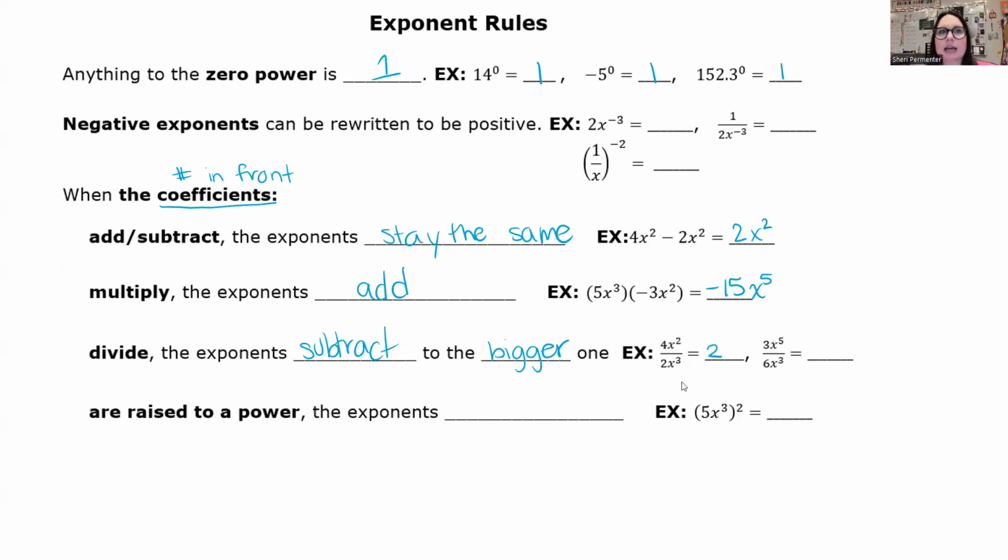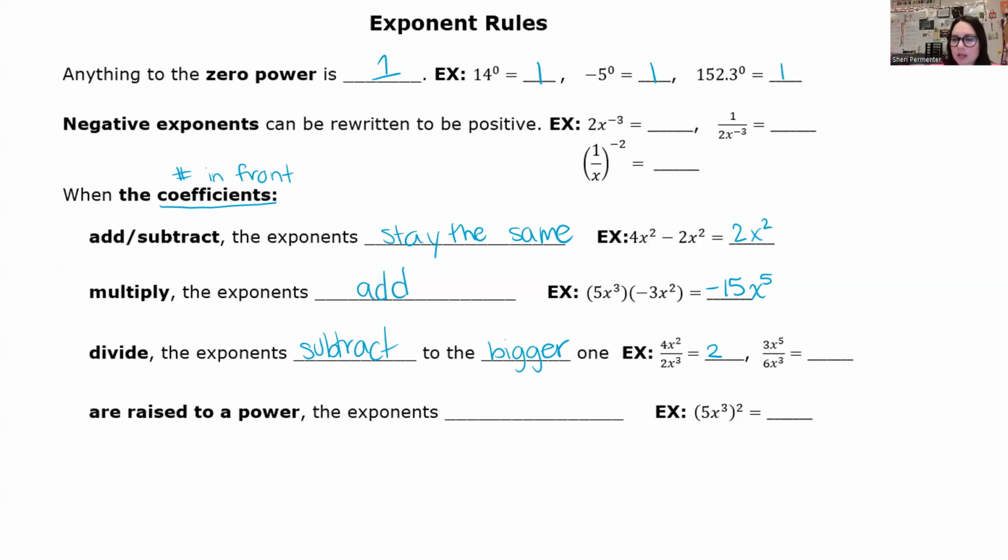And then I notice I have x's on the top and the bottom. I have 2 on top, 3 on bottom. Well, which one's bigger? I have 2 on top, 3 on bottom. So I've got more on bottom. So I'm not going to bring it up to the top because then I would get a negative exponent. What's 2 minus 3?